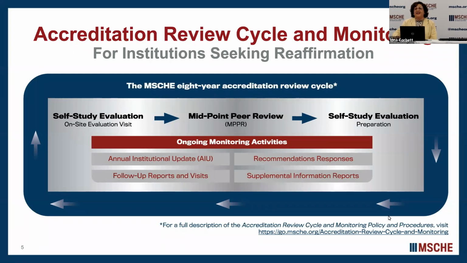But during that 8-year period, the MSCHE also engages in ongoing monitoring activities. Those monitoring activities may be the annual institutional update, AIU, recommendations, responses, follow-up reports and visits, and supplemental information reports. Those are the ones that we are talking about today.